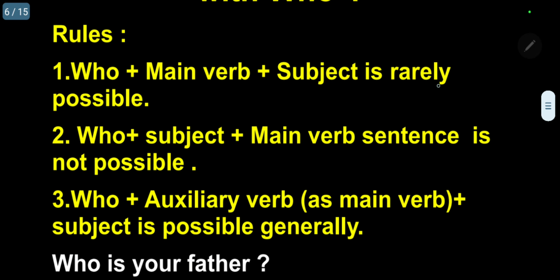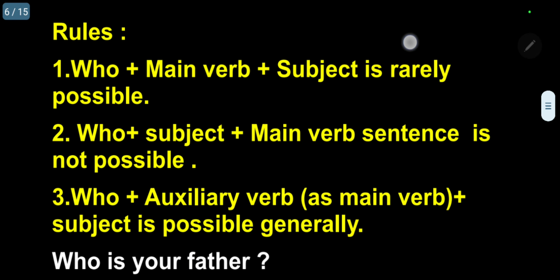I am framing these rules, which are not normally given in any grammar book. First, WHO. Started with WHO, the next comes the main verb. Main verb means, as I already informed you, verbs can be classified into two types mainly: finite and non-finite.